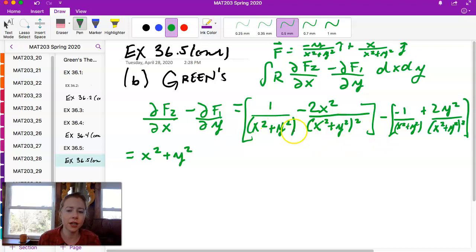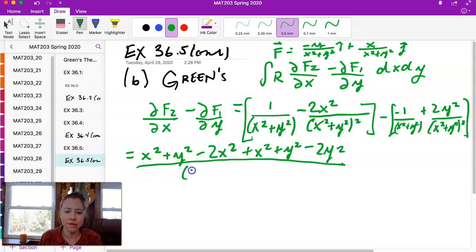So we're just putting everything over one denominator. So I'm multiplying 1 by x squared plus y squared. And then the minus 2x squared remains the same. And then this minus 1 is still going to be minus a minus, so plus x squared plus y squared. And then distribute the minus, we're going to get minus 2y squared. And this is all over x squared plus y squared squared.